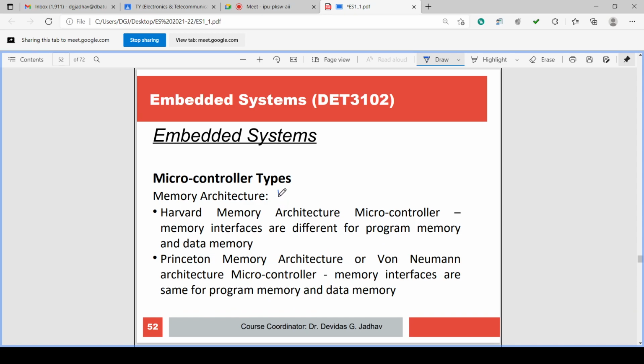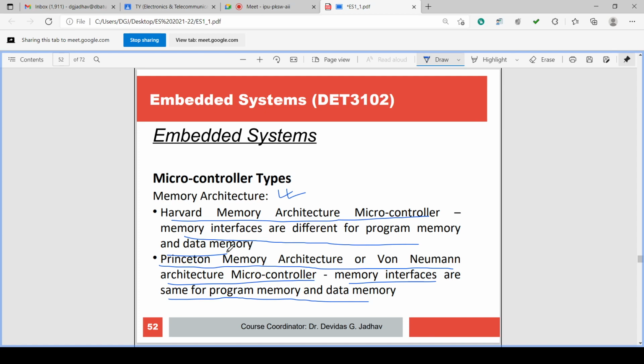So memory architecture type controller types are there. Harvard memory architecture microcontroller is there, and Princeton memory architecture or von Neumann architecture microcontroller is also there. In Princeton, memory interfaces are the same for program memory and data memory. In case of Harvard, memory interfaces are different for program and data memory. That means data memory is different, program memory is different, interfaces are different.